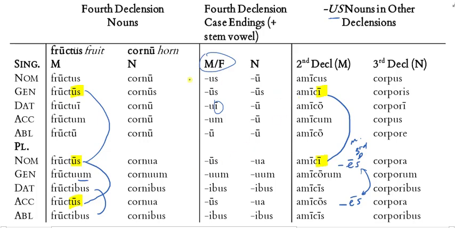All right, now let's look at the neuter form here. So cornu is horn. You can repeat after me. Cornu, cornus, cornu, cornu, cornu, cornua, cornuum, cornibus, cornua, cornibus.